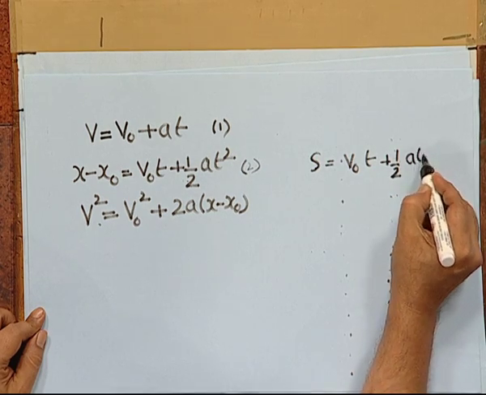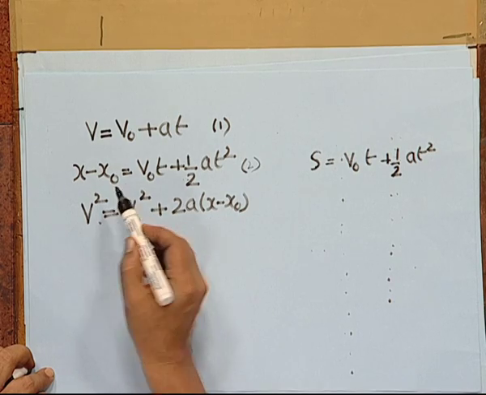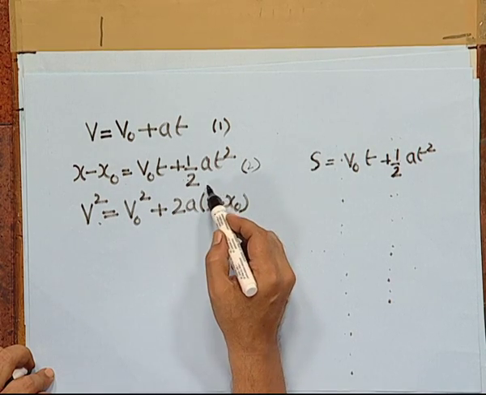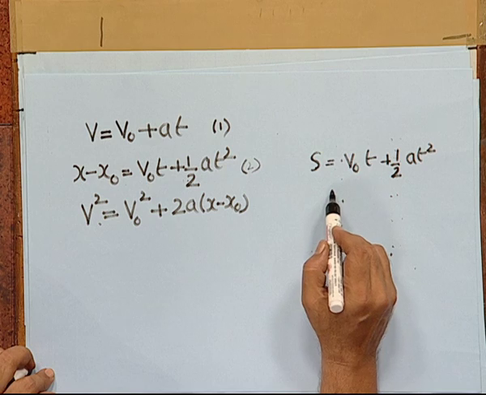Now, if they give the change in position coordinate directly and say this is the displacement, the second equation, x minus x naught equal to v naught t plus half a t squared, is many times referred to with s.